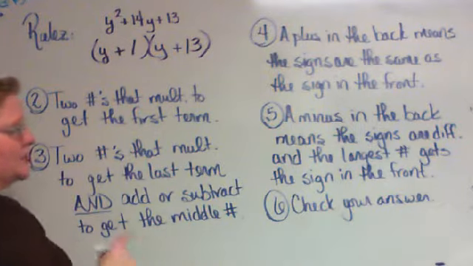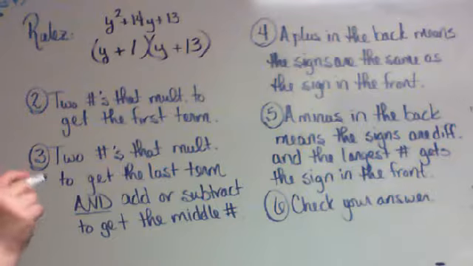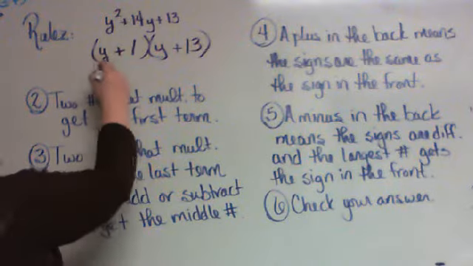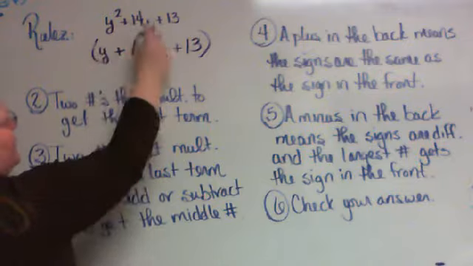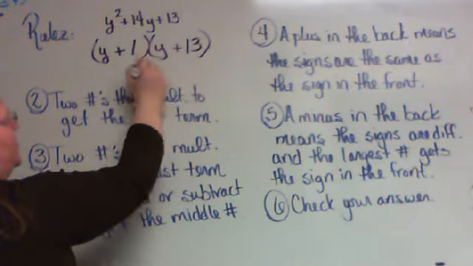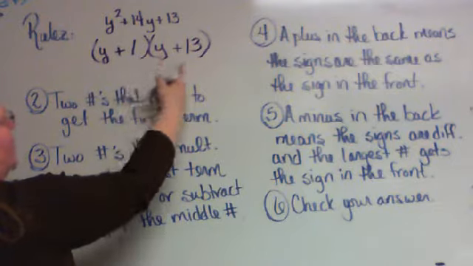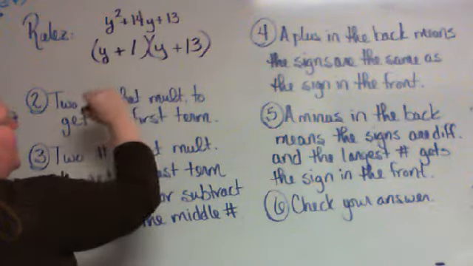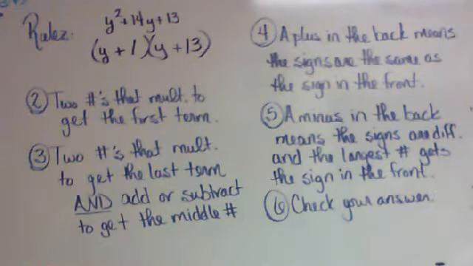But for number 6, to check your answer, you do a distributive property. Go ahead and distribute it out. So y times y would be y squared. Y times 13 is 13y. 1 times y is 1y. 13y and 1y give you 14y. And then 1 times 13 is 13.